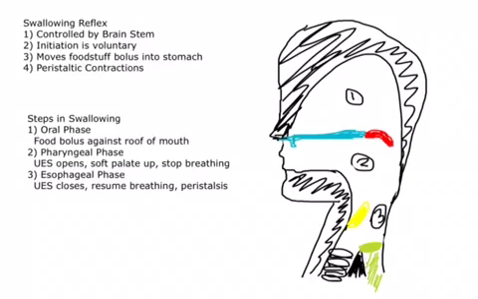The tongue against the roof of the mouth sends signals to the swallowing center in our brainstem, which we talked about right here. And then you no longer have control. It's involuntary from here. The brain takes over, and then we start to have peristaltic-like contractions of the tongue once it hits the roof of the mouth.